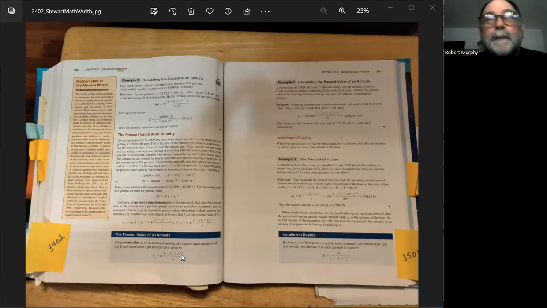Now, you may not want to wait 30 years to get all your money, and the lottery probably wants to get rid of you. They come up with this present value formula. You can look this stuff up. As a math teacher, I feel I have to do a little more than just press the buttons and say, there's the number. You don't have to know where this comes from, but if you want to, I left you enough.